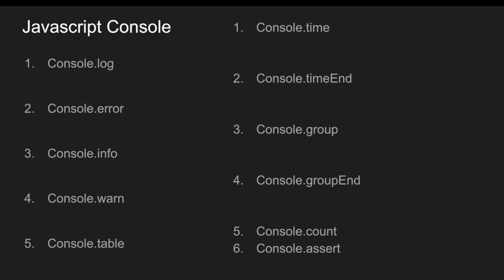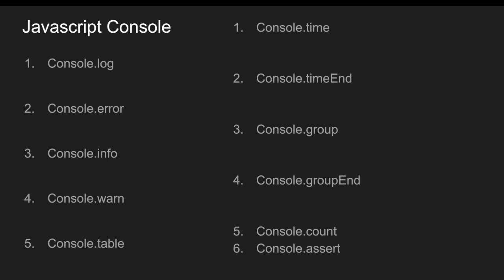In some cases, we need to use console.table for representation purposes. And you can also use time, timeEnd, groupEnd, count, and assert as extra features. The first five are very important, and among them the first four are most important compared to the remaining. So we have to know all these methods and how exactly they work.